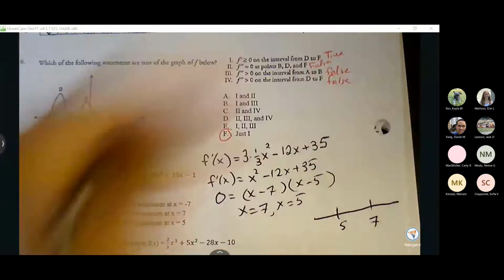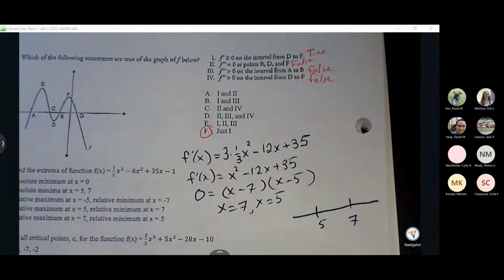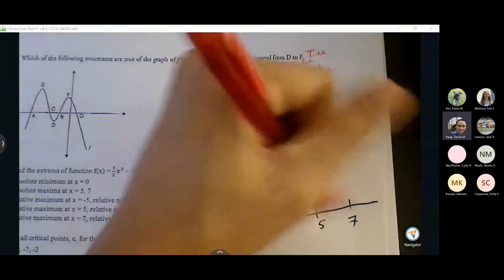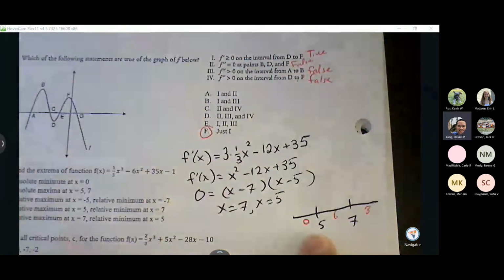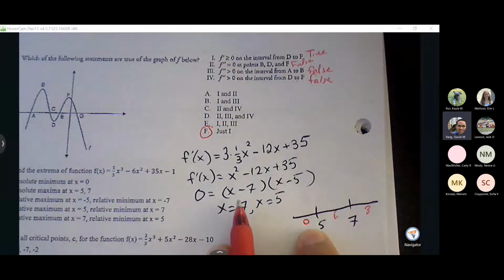Okay, go through your slope sign lines here. Test points, that's 0, 6, 8, into the derivative function here.